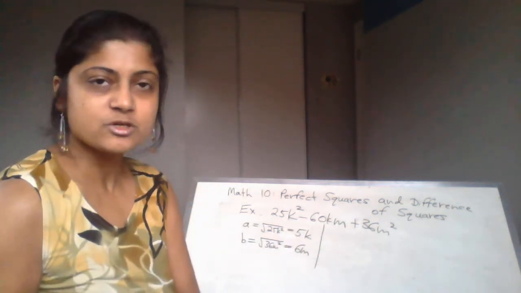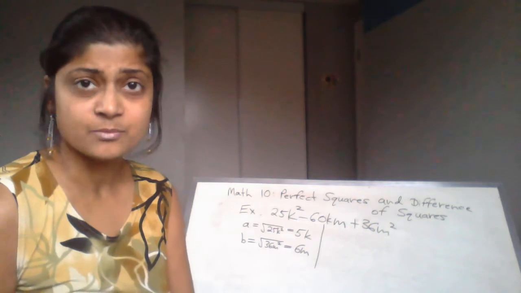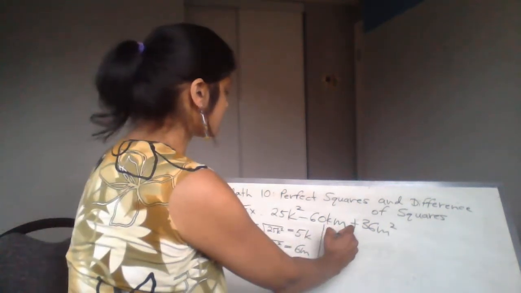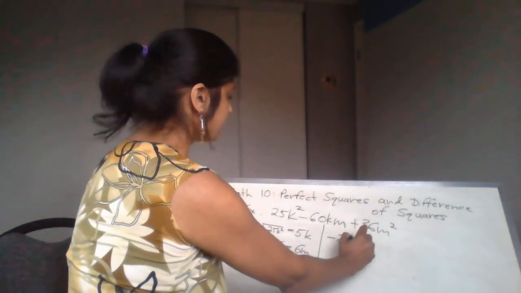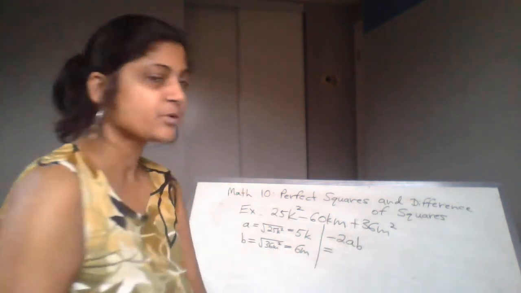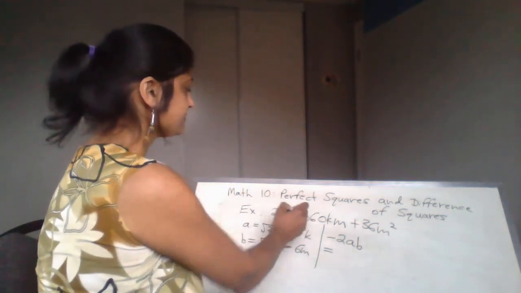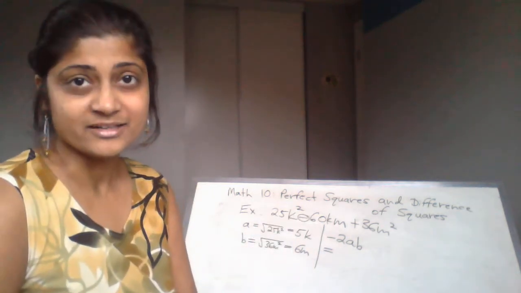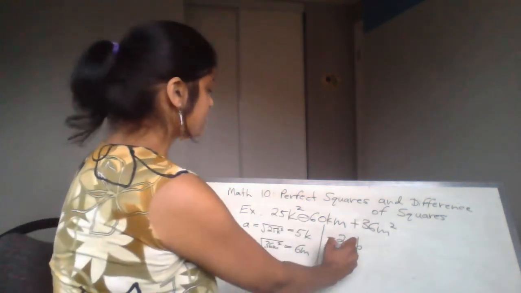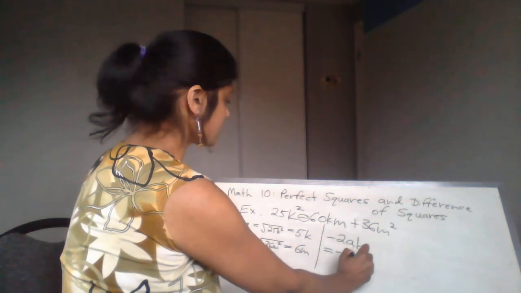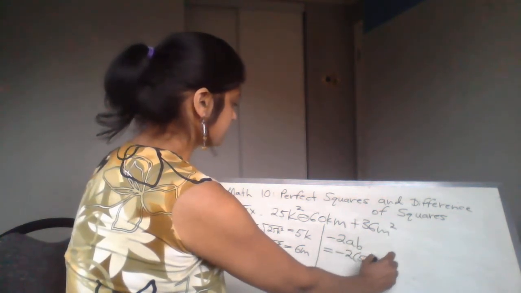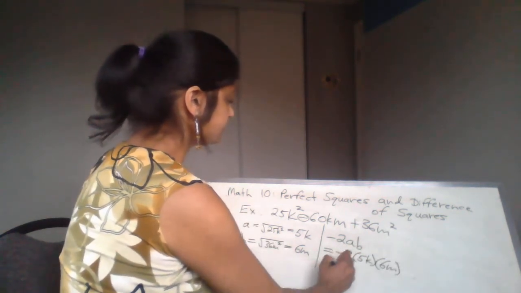Again, first we're just going to verify that this is a perfect square trinomial. So I'm going to do negative 2ab. The reason I'm putting negative is that I see there is a negative sign right here, and I'm just looking at the first sign within the equation. So I'm going to do negative 2 times a, which is 5k, times b, which is 6m.